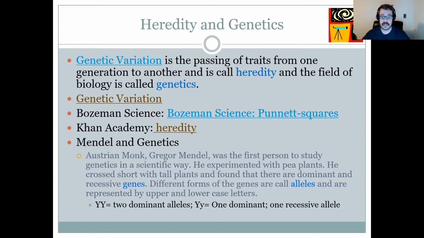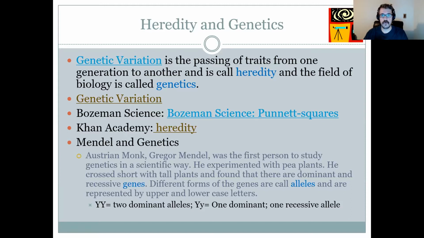Why did he start to do that? I don't know, but he started experimenting by breeding short and tall pea plants, and he discovered that certain genes were passed down more often than others, which are called dominant genes, and the ones that were passed down less often were called recessive genes.